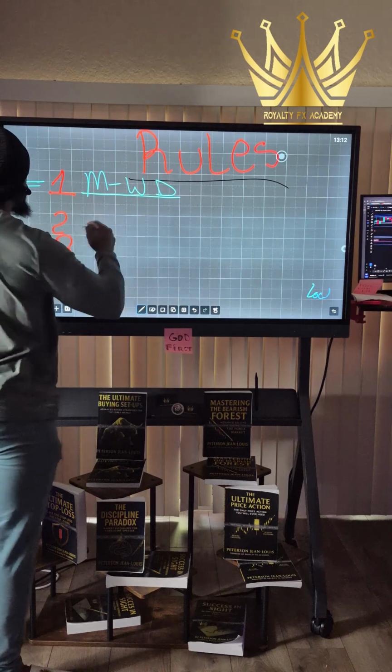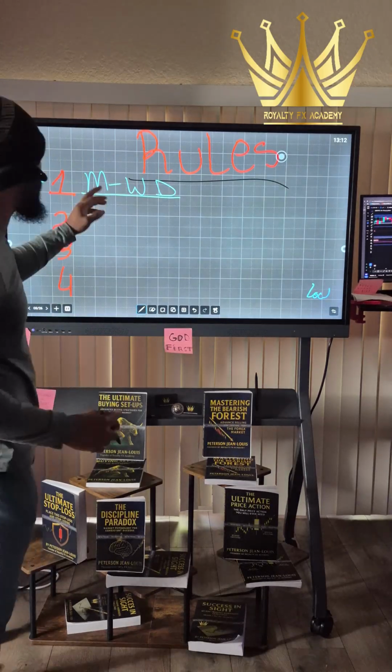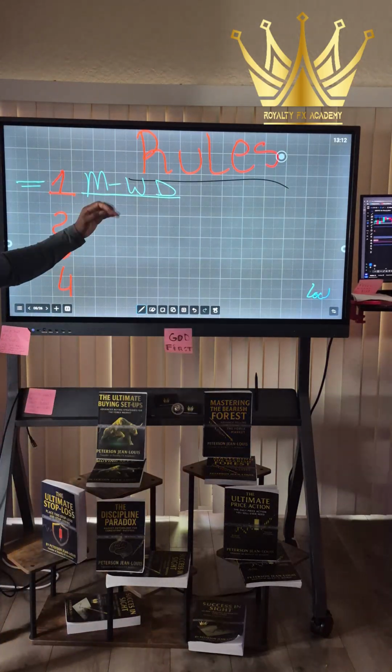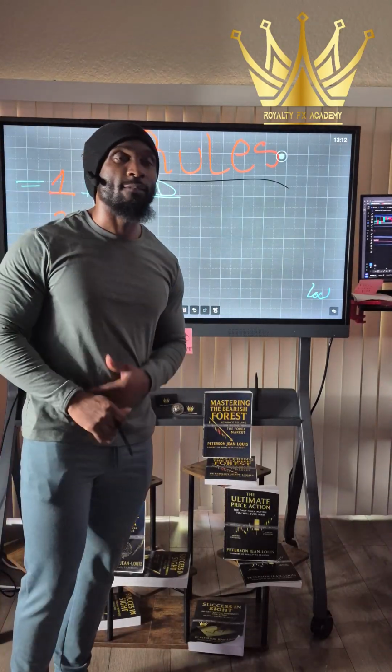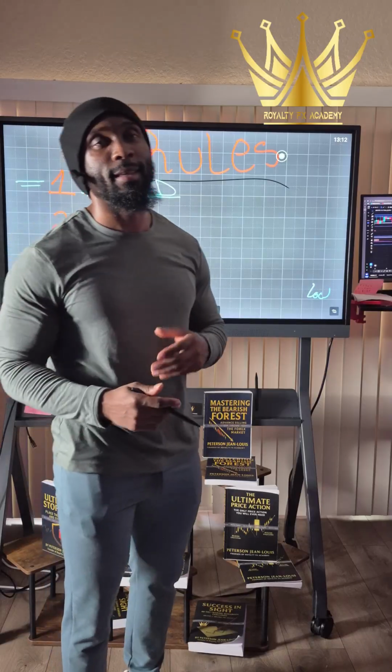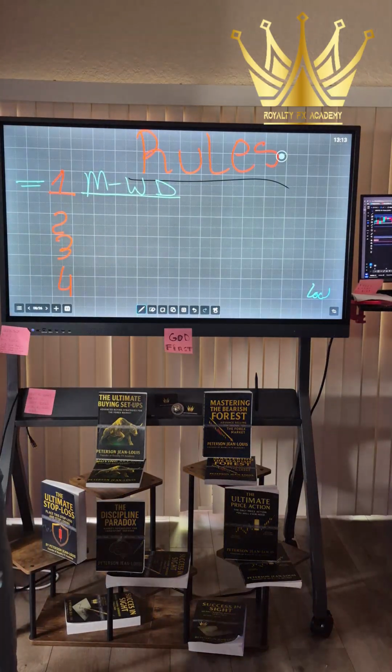So any zones, any setups that you are looking to enter in has to be either based off the month, the week, or the day. So we want to see the bigger picture, the overall trend, if the market is going to buy for the month, or if the market itself is going to sell for the month or week or the day. Okay. We want to be with the big picture.